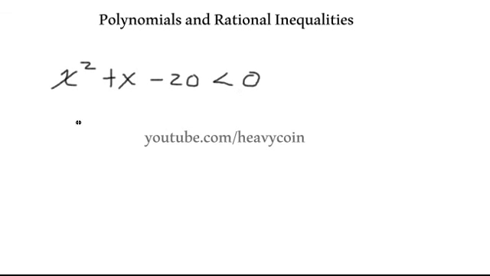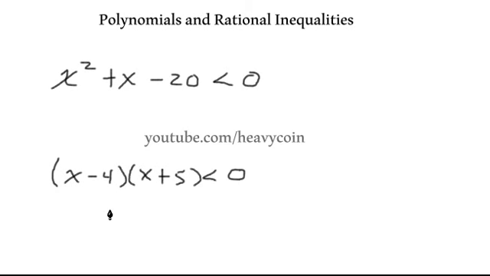Okay? So remember that this whole thing right here represents the second coordinate of an ordered pair. What we're going to do is go ahead and factor this. It factors to x minus 4 and x plus 5.